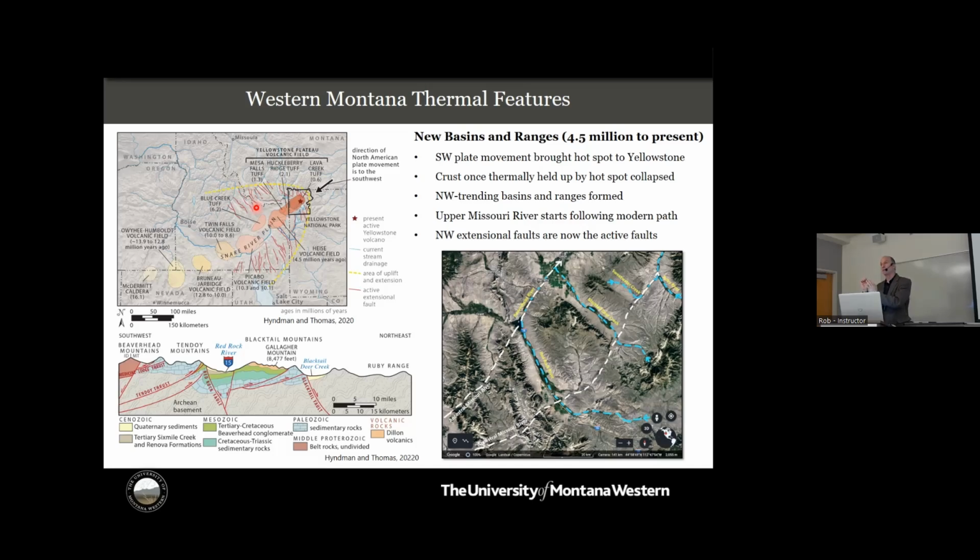We know from digging trenches across the Mission Fault that it ruptures with 7.5 magnitude earthquakes, and last did so about 1,300 years ago. If that happens, I can envision a slab of rock coming off the Mission Range, hitting Flathead Lake, sending a tsunami wave across the lake and taking Polson off the map. Okay, those are your active faults. So enjoy those hot springs because they come at a price.